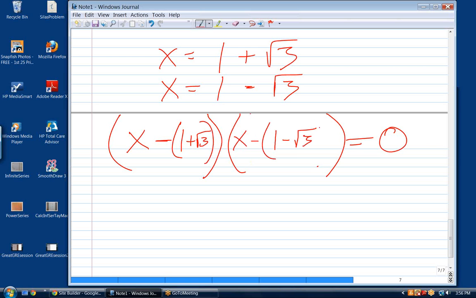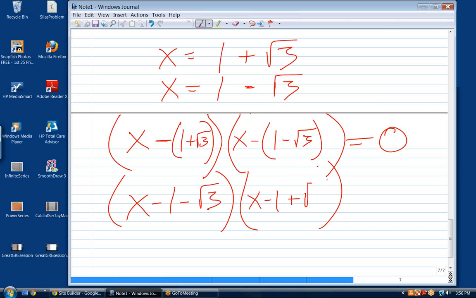Make sure you use parentheses. And now let's eliminate the inside parentheses. So then you get x minus 1 minus the square root of 3, and x minus 1 plus the square root of 3.